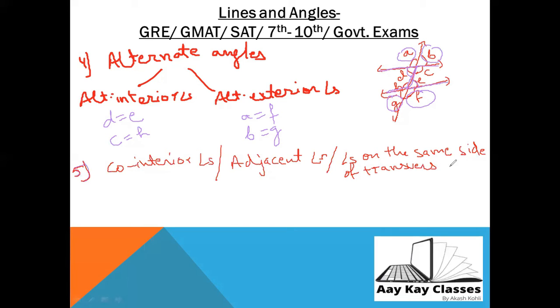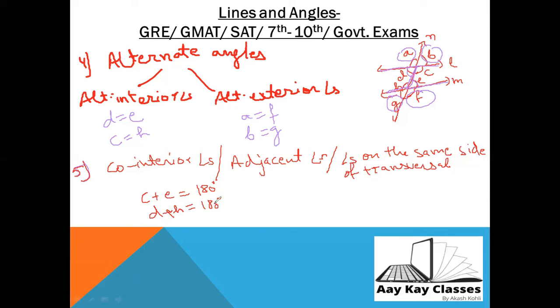And you know which is the transversal line? This is N. N is the transversal, L and M are parallel. So this is on the same side. So C plus E equal to 180 degrees and D plus H is equal to 180 degrees.